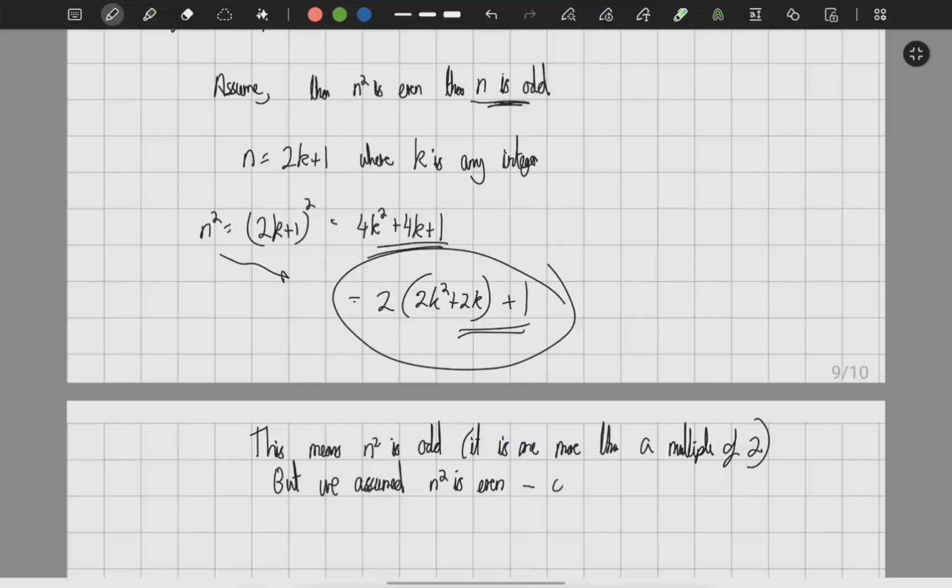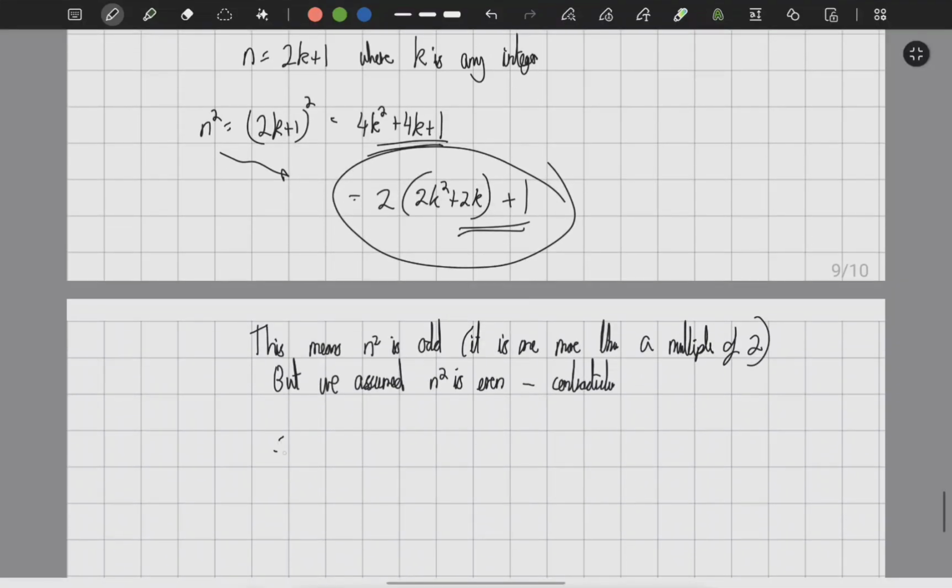So then we can just write our standard statement: therefore the assumption is false by proof by contradiction. And then I can just say, if n squared is even, n must be even. It's the only way it works.